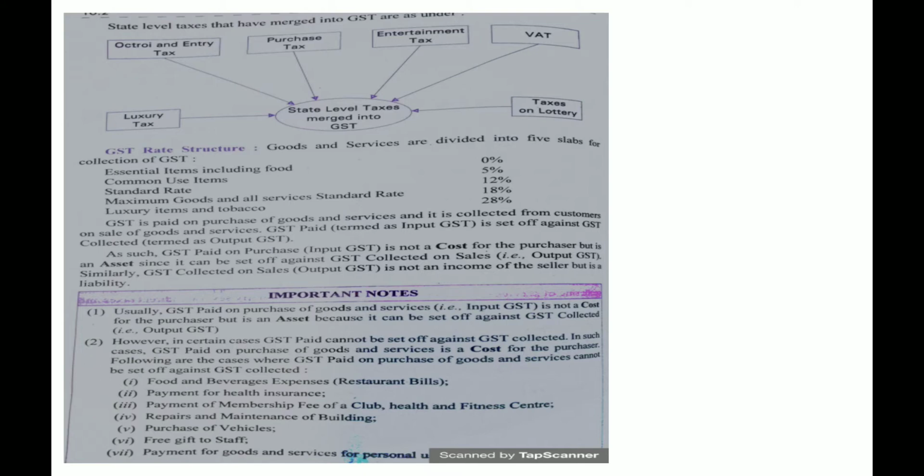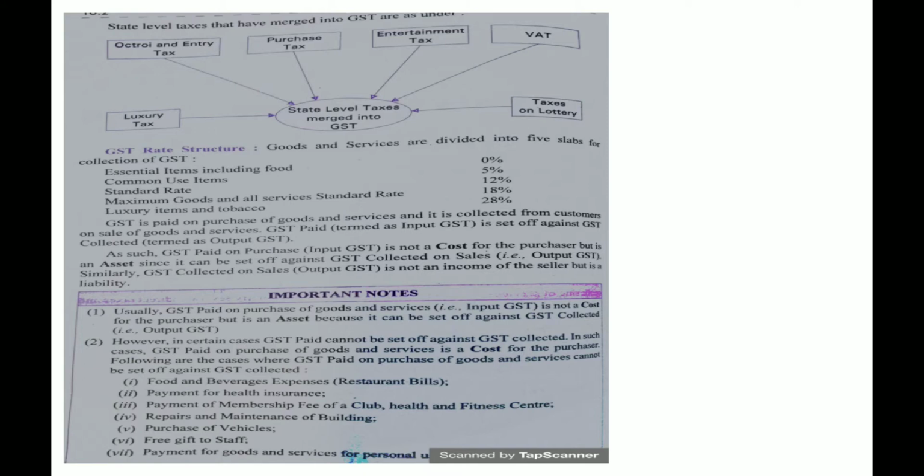Now, whatever tax is paid on purchase of goods and services is called input GST. It can be set off against output GST: when you sell some goods and collect tax from the customer, it is called output GST.